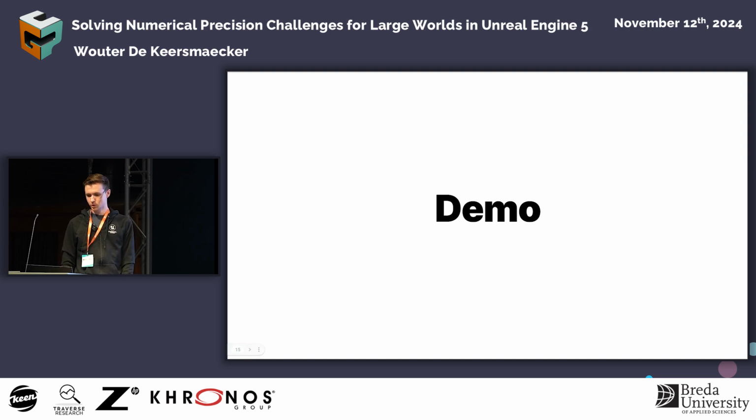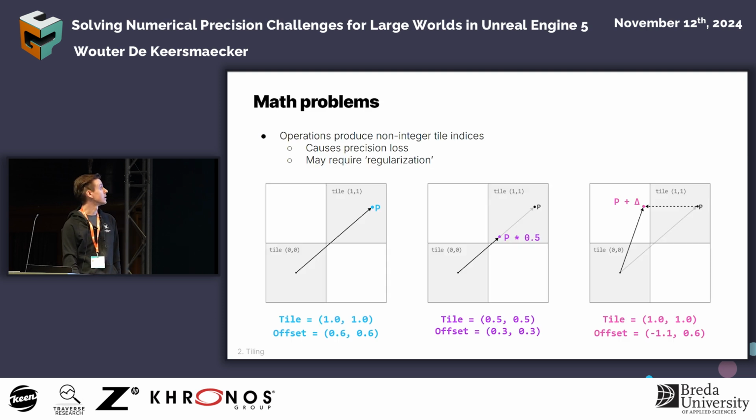So the world is expanded, but we still see precision issues. So the tiling strategy has some issues. What is happening here?